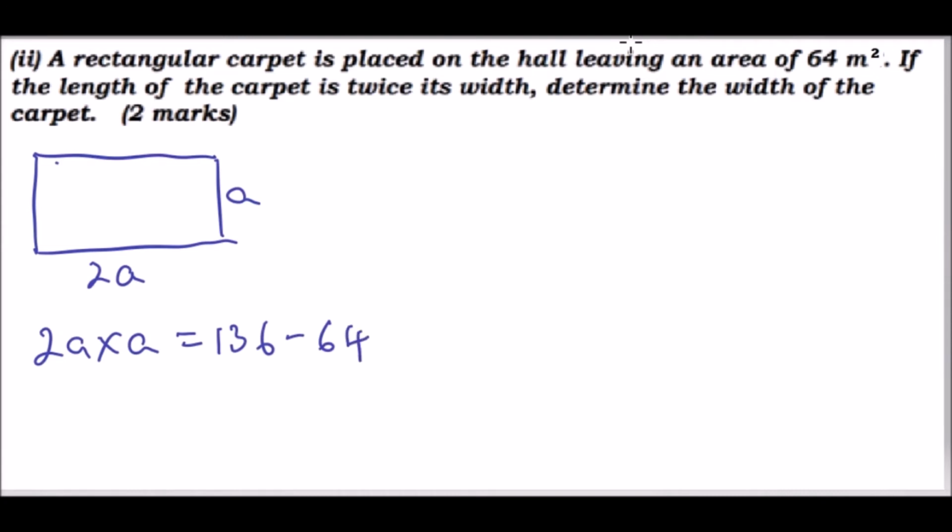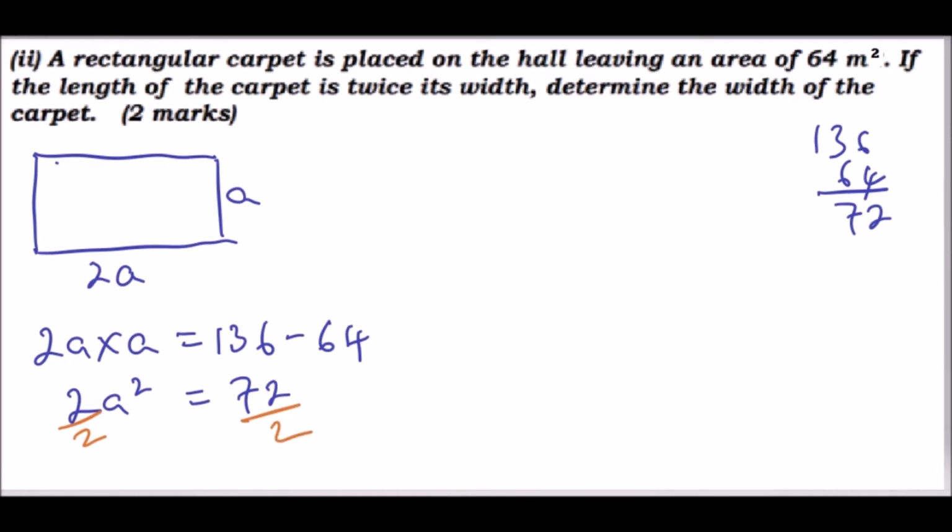So this will give you 2A squared is equal to 136 minus 64, and that should give you 72. We can divide both sides by 2. We'll be able to get A squared is equal to 36.